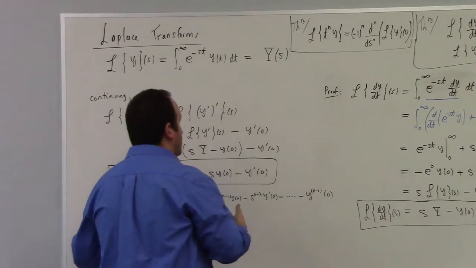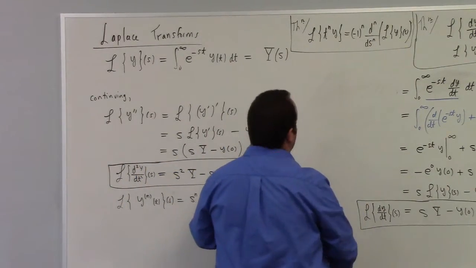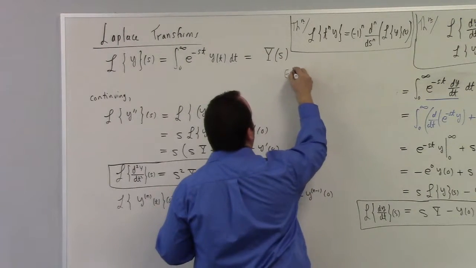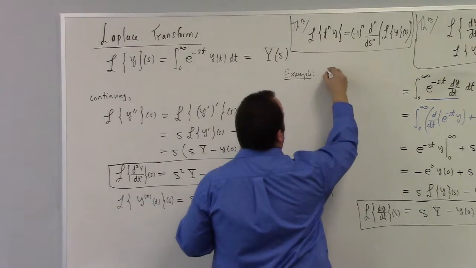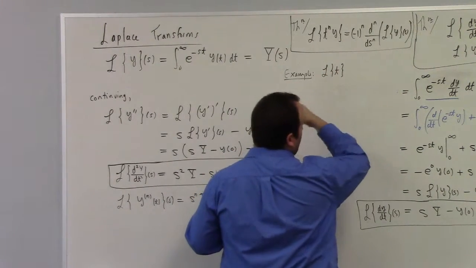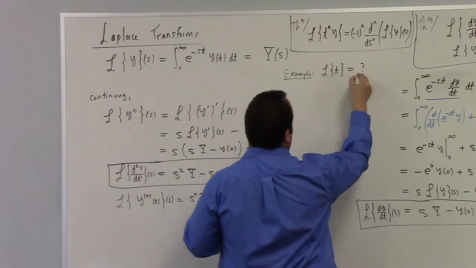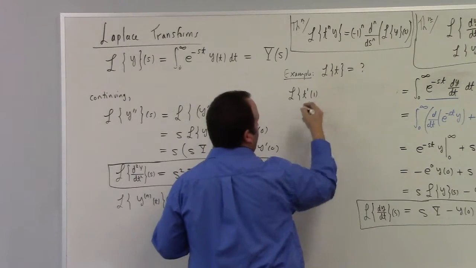For example, what would the Laplace transform of t be? That would be the Laplace transform of t to the 1 times 1, right?